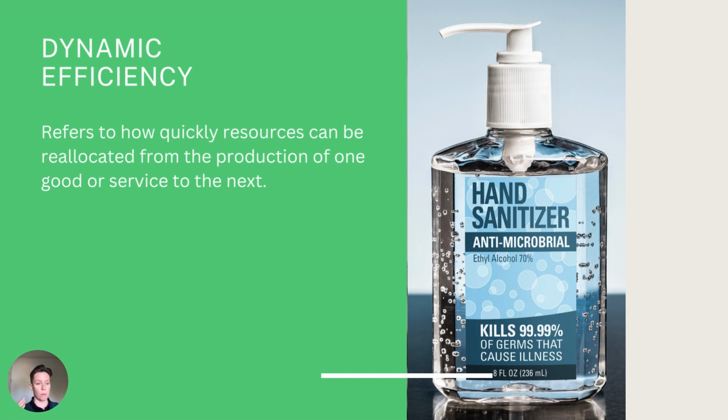And distillery producers responded because they were in a unique position where they could use their existing distillery equipment that they would usually use to produce alcohol to produce hand sanitizer. So it's a really great real world example where dynamic efficiency in that industry for that particular product was actually quite high. Whereas in reality, it is difficult and it does take time to convert or move your land, labor, capital, and enterprise from the production of one good to another.